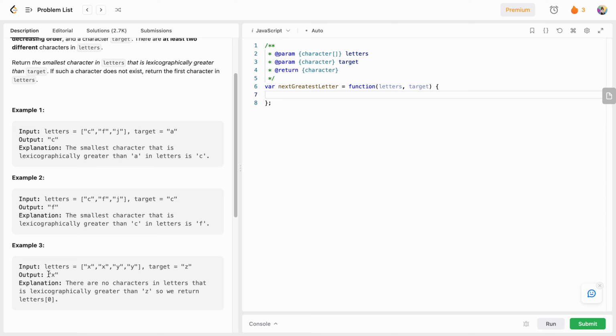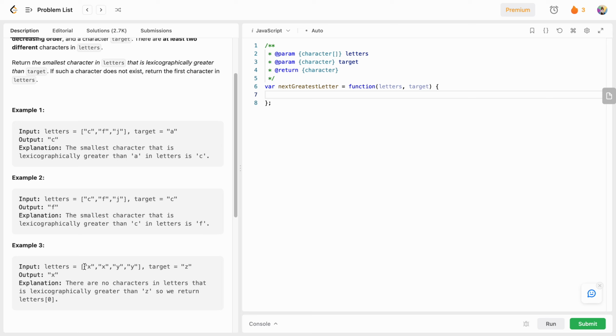So this was a brute force approach where we started from the first index, compared that element with our target value, and if it was not greater we moved on to the next one until we found a greater value. If we did not find one, then we return the first element. Brute force means in the worst case we are traversing all of the elements.